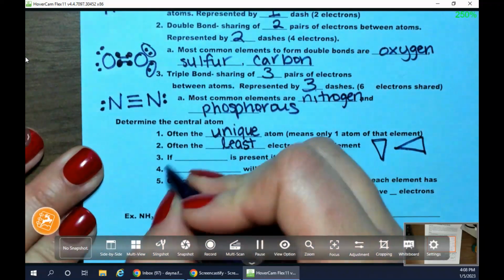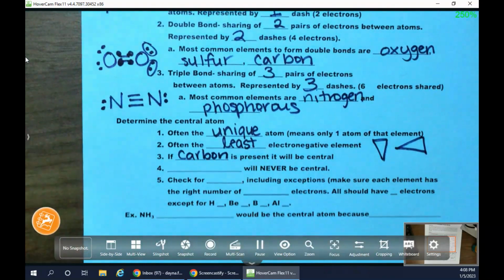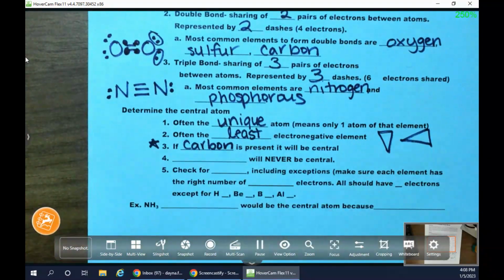Number 3, if carbon is present, it will be central. Put a star next to that one because you can always guarantee that one. Carbon is our friendly element. If you think about it, when we were doing the rolling the dice lab, a lot of you struggled when you got carbon because you're like, well, how do I know whether to put it as positive or negative, right? Because it's plus or minus 4 was its oxidation number. It's right in the middle.